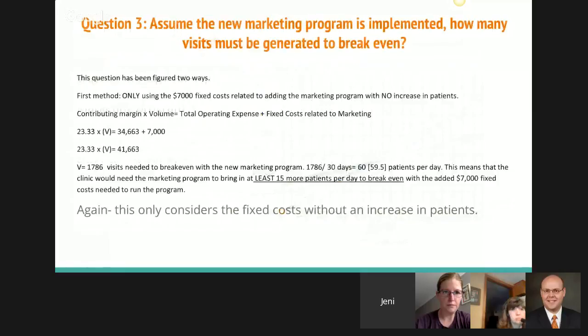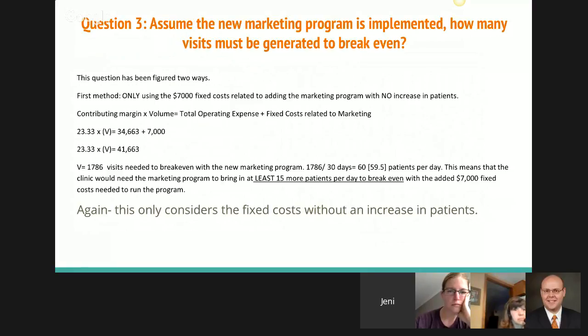Question 3, we figured this question in 2 separate ways. The question is, assume the new marketing program is implemented, how many visits must be generated to break even? The first method that we used, we only used the $7,000 fixed cost related to the new marketing program with no increase in patients.